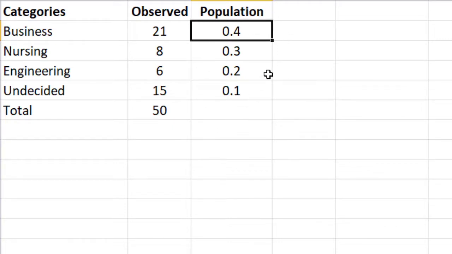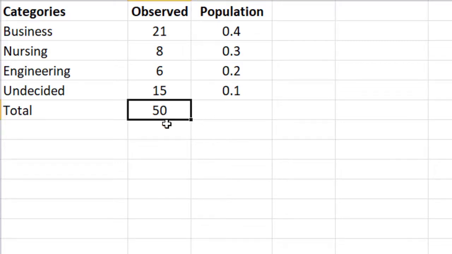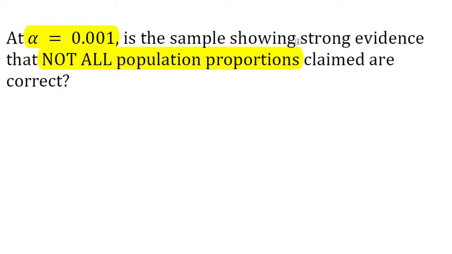And so once the claim is made, the impact of the claim is that if it was true, then it would be true for each of the 4 values here, meaning the values stated in this column would be all correct. So many people might believe in a claim or accept the claim as true, but now as we're looking at the sample, let's see if this sample would show strong evidence to prove that not all population proportions are correct.